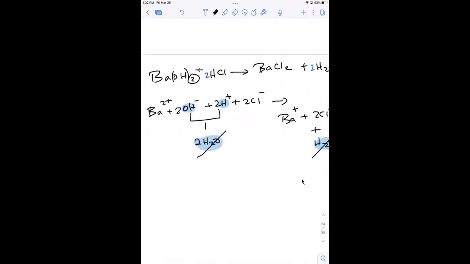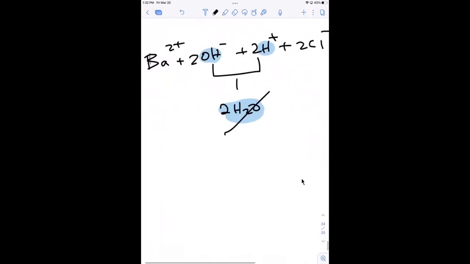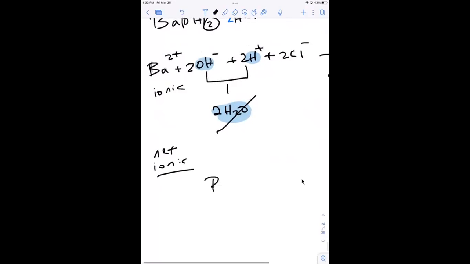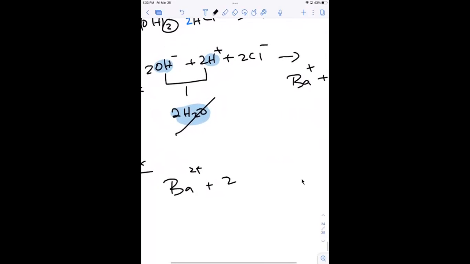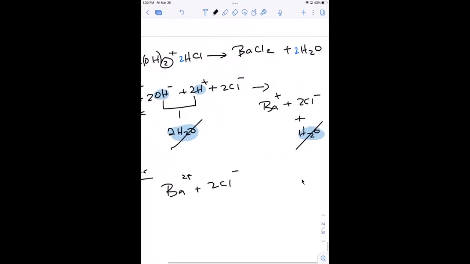And so this is the ionic equation. Now we can write the net ionic equation, which is Ba2+ plus 2Cl-, because that's what's left up here, going to BaCl2.